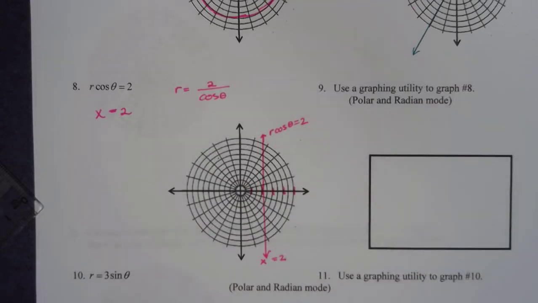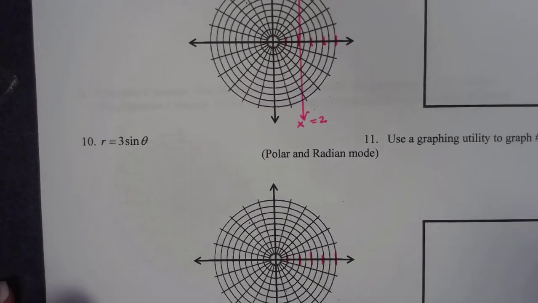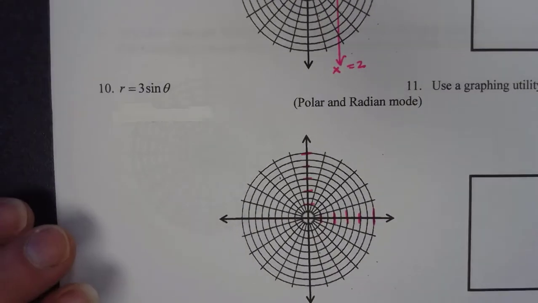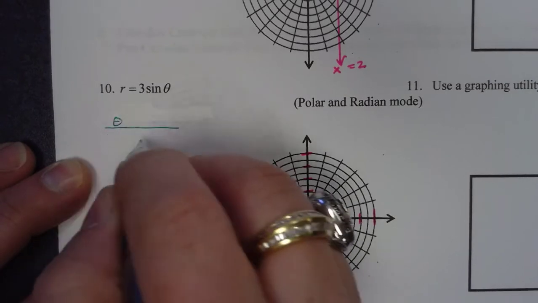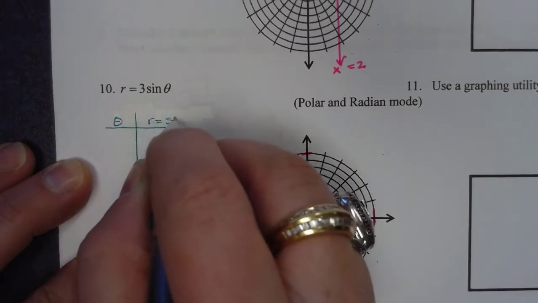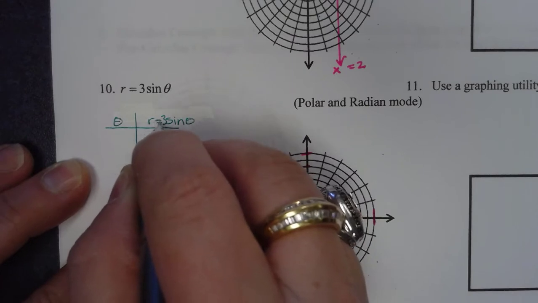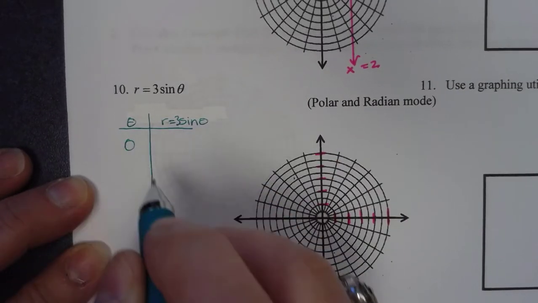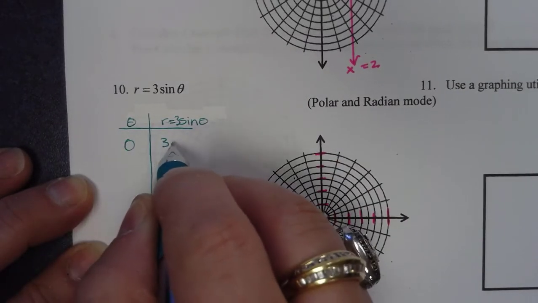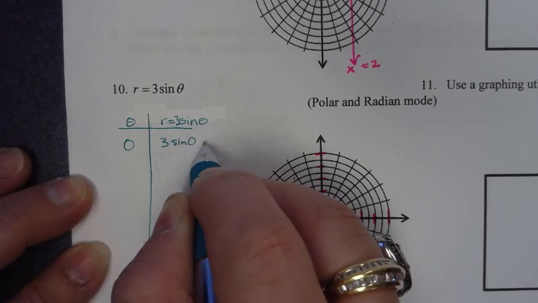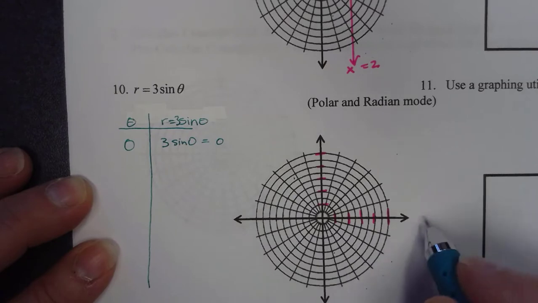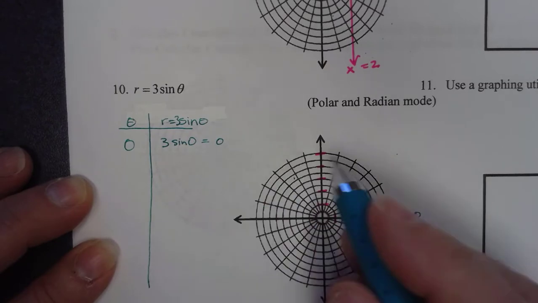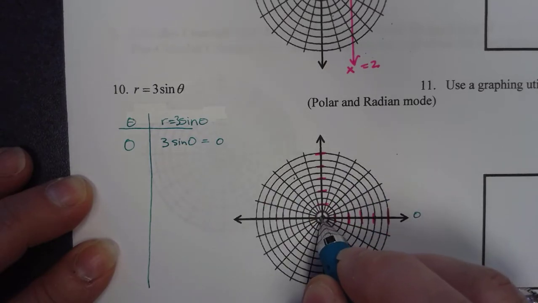Cool. And finally, r equals 3 sine theta. Okay, this time I'm going to go about this a little bit differently. I'm going to make a chart. Okay, so when theta is 0, r is 3 times the sine of 0. Sine of 0 is 0, so that's 0. So at 0, my radius or distance from the pole is 0.